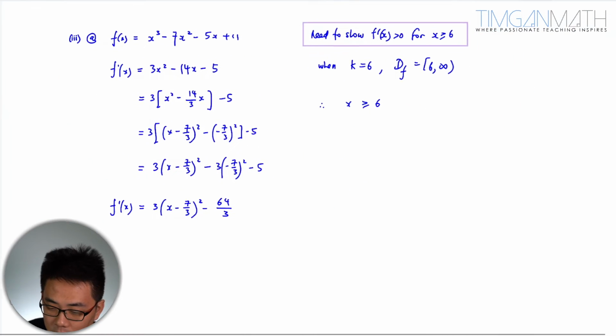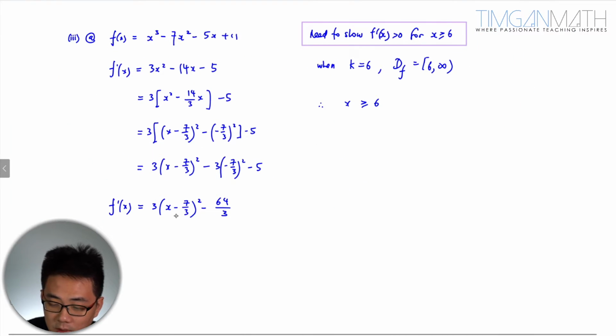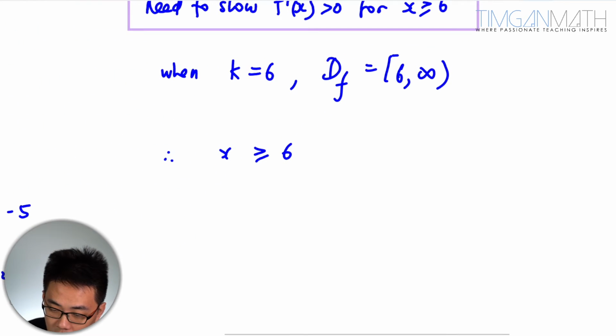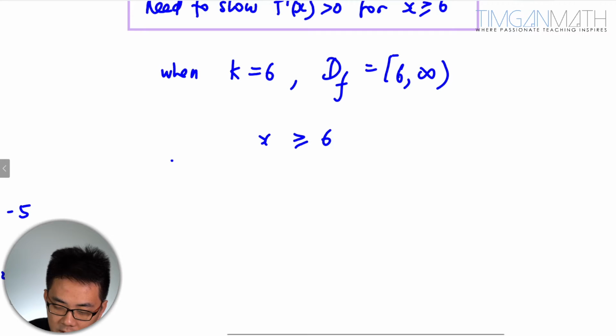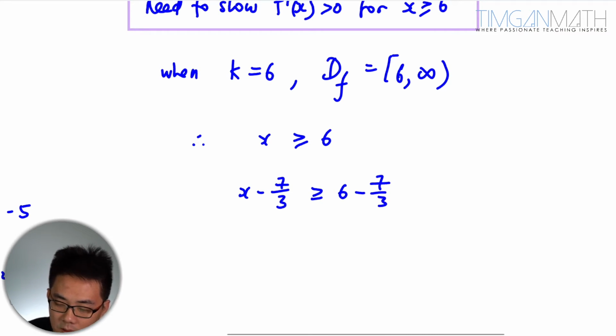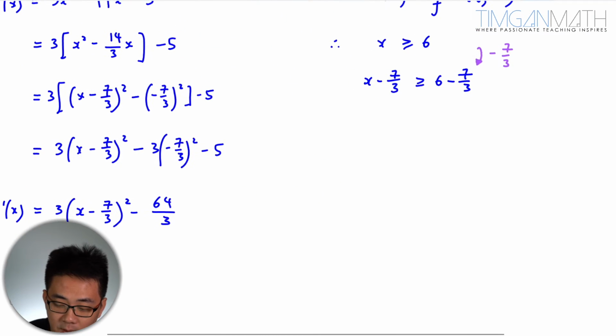We try and rearrange this so that we get this over here. So you can see that this is minus 7 over 3 on both sides. What we get is x minus 7 over 3 bigger than 6 minus 7 over 3. Then the next part is to square both sides.